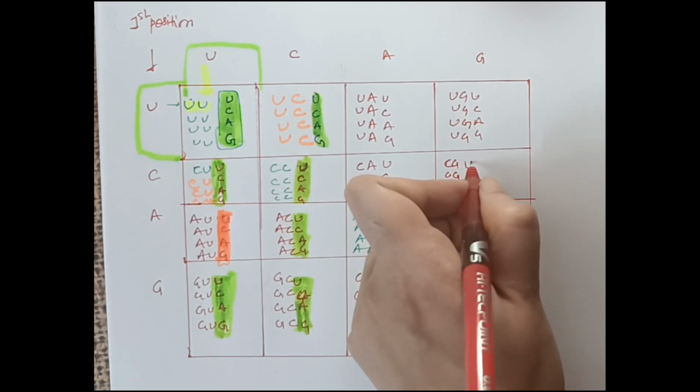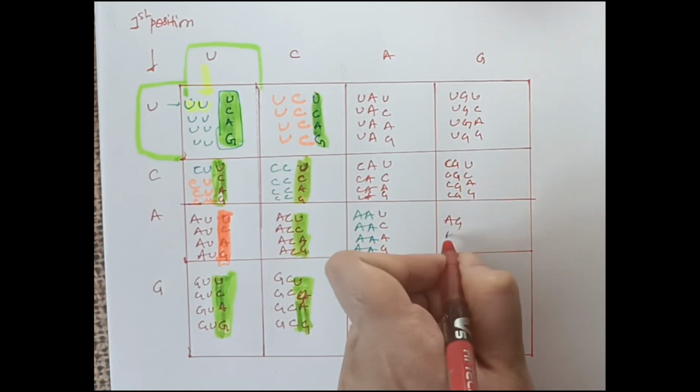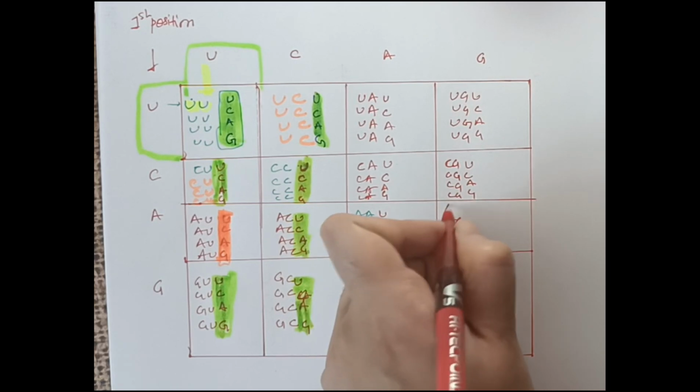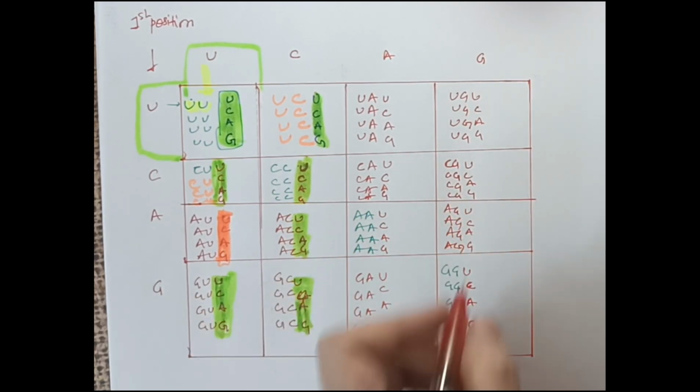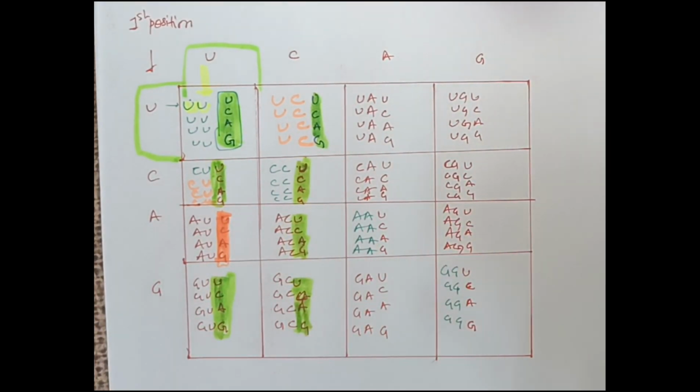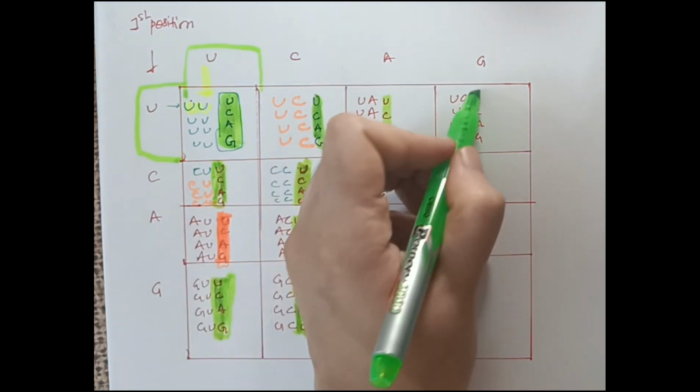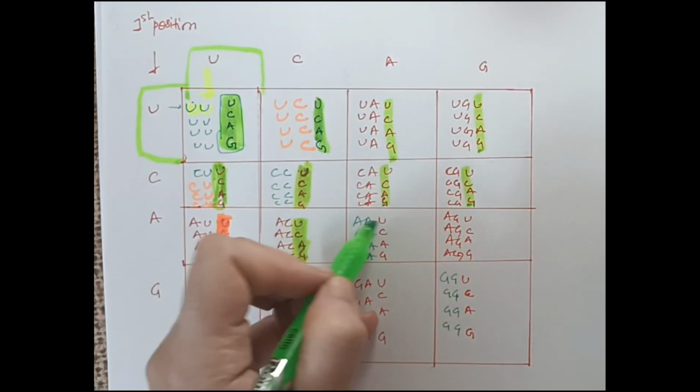In this way we can write all of these. Now I am marking it with color so that you can see the repeated UCAG in all of these.